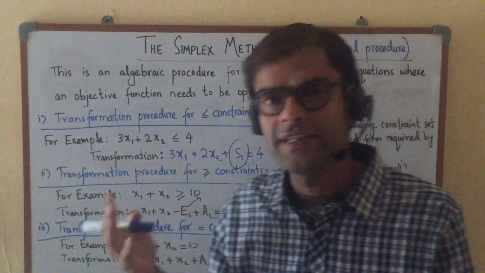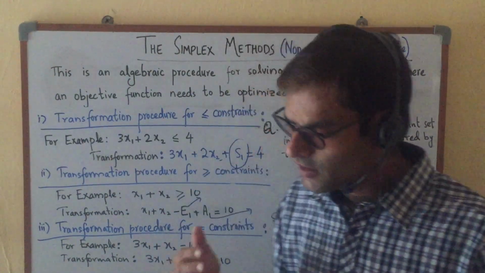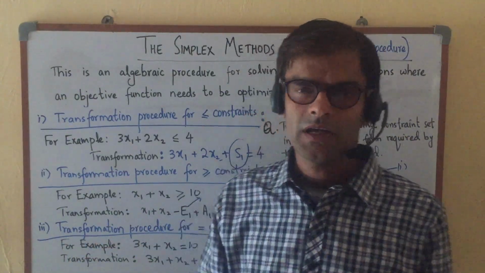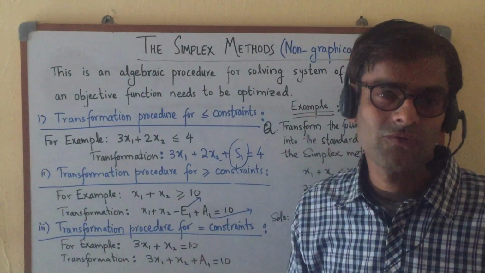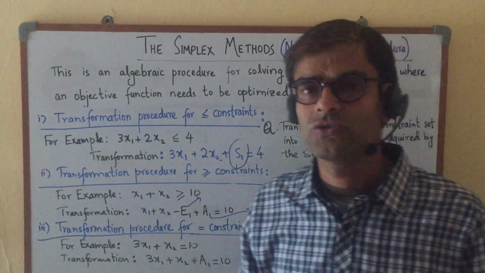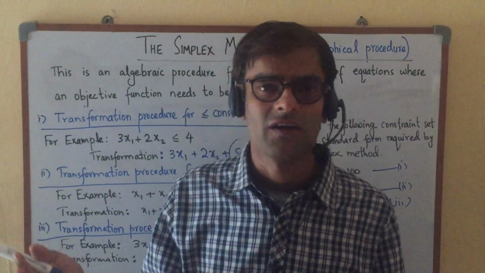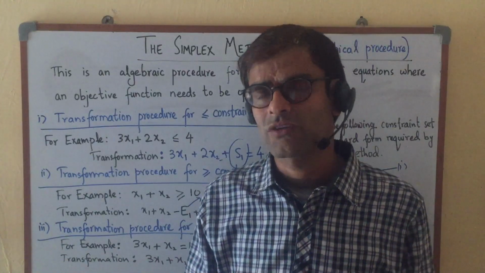So the question is, why do we need this method? Life is not simple. If you have more than three variables and you want to show them graphically, how can you?